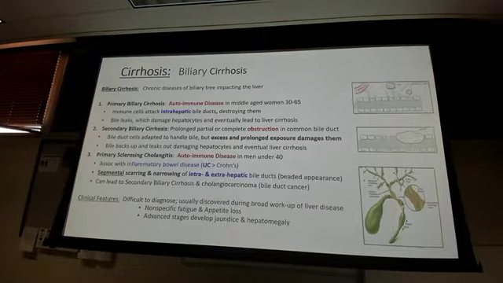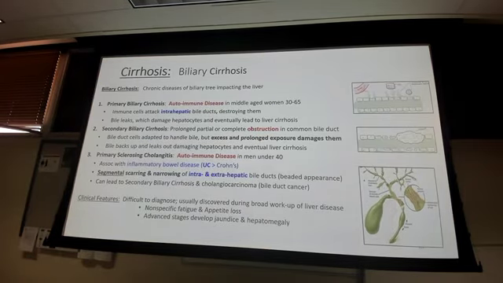All right. So biliary cirrhosis. All this means is that there is damage to the liver caused by the biliary system. The liver drains bile into the canaliculi, which drain into the hepatic duct and the common bile duct, right?